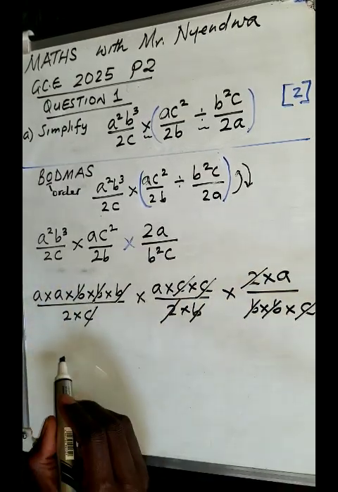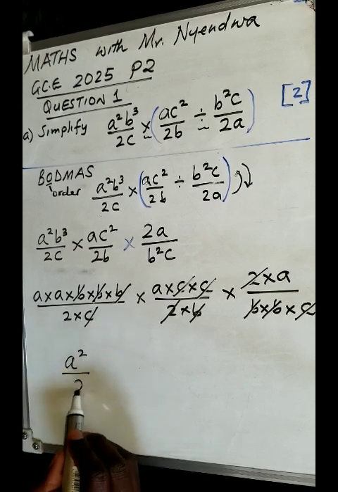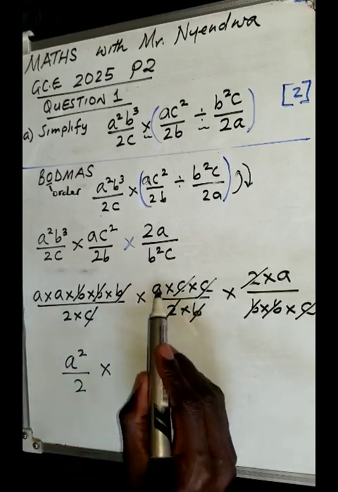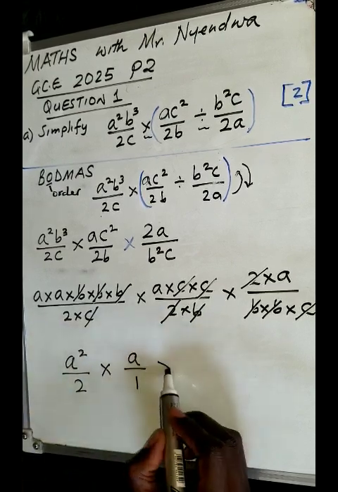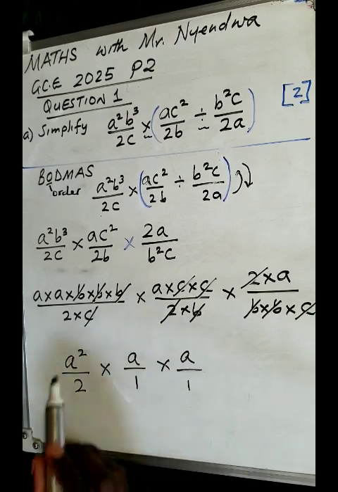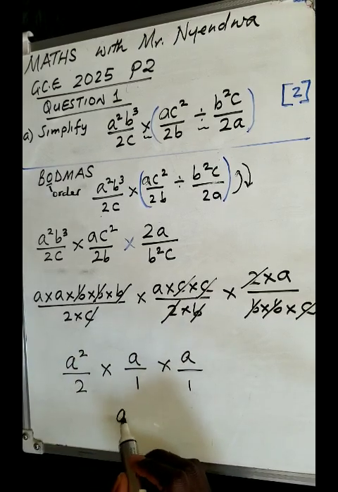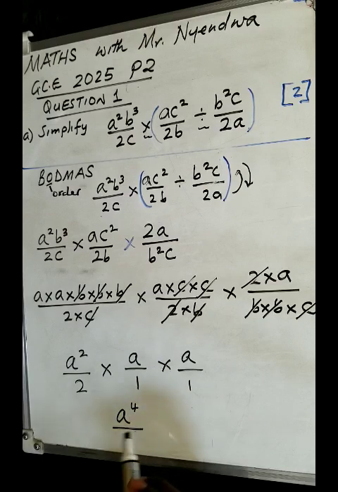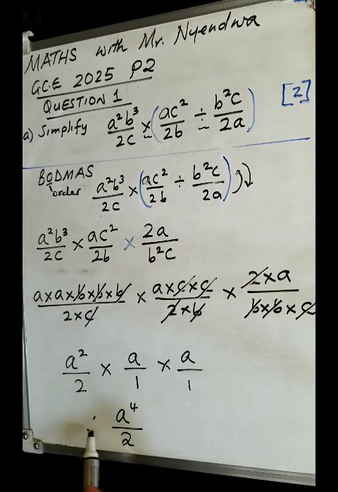So what have I remained with? A times a gives you a squared over 2, multiplied by a over 1, multiplied by a over 1. So a squared times a gives you a raised to the power 4 over 2 times 1 times 1, which simply gives a to the 4 over 2.